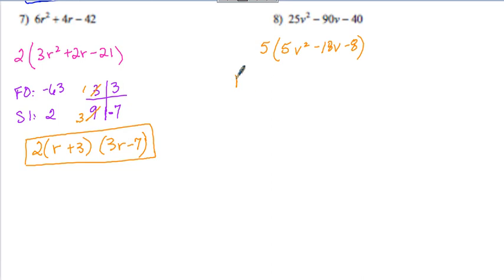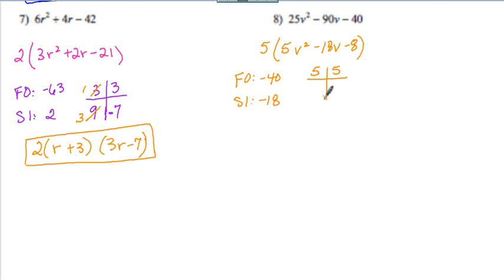Now I need to find factors of negative 40, the 5 times the negative 8, whose sum is negative 18. I can build my t-chart while I'm thinking. It gets populated with this 5 on top. And now let me think of what two numbers multiply to negative 40 and add to negative 18.